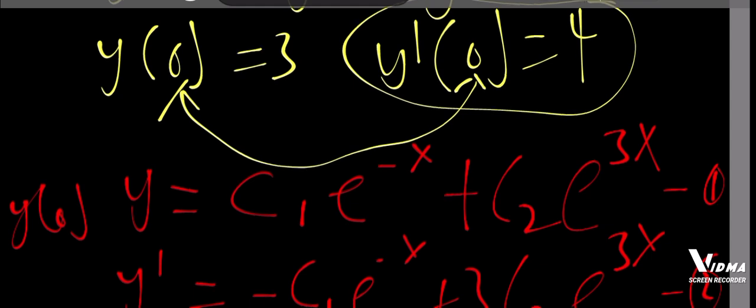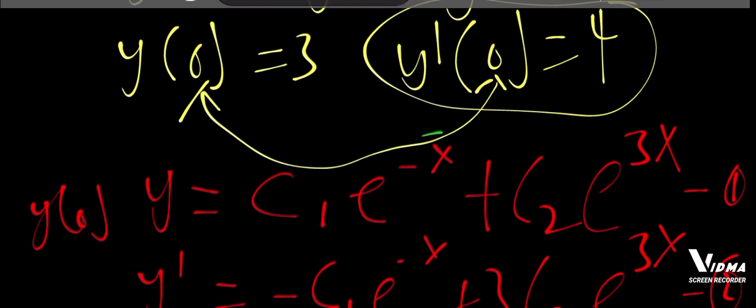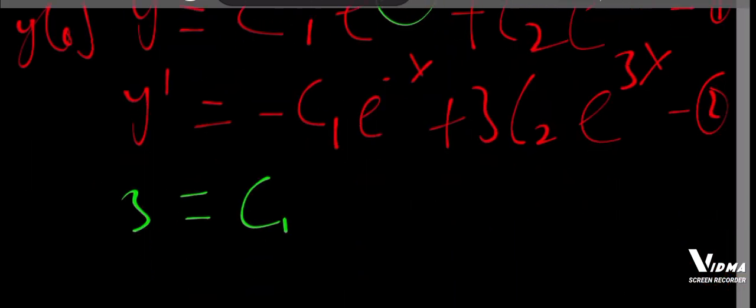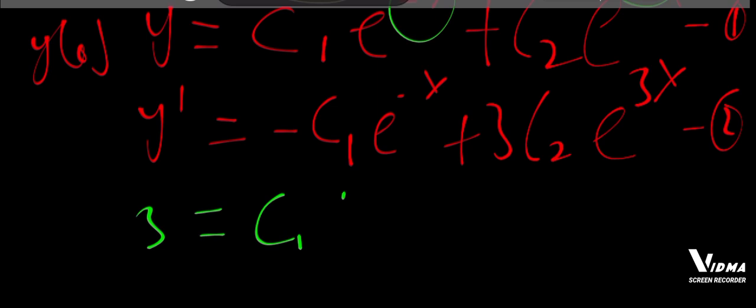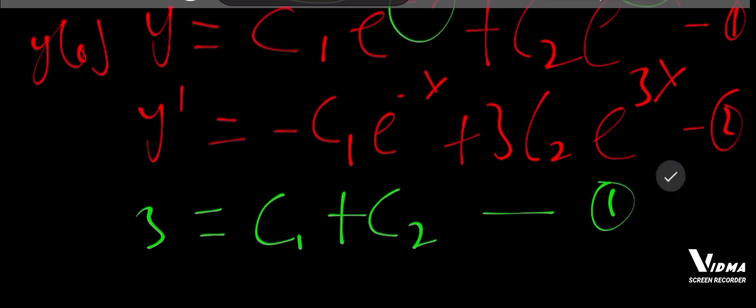So when x is 0, the exponent goes to 0, and any number raised to the power 0 is 1. And here when x is 0 it goes to 1 too. So we end up with 3 equal to c1 plus c2. So let me name this as my first equation.